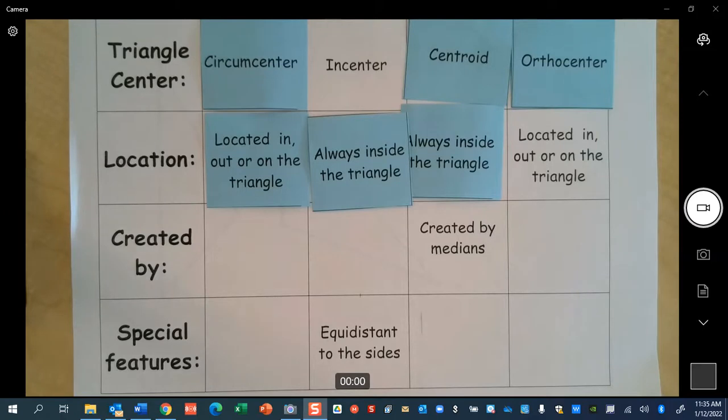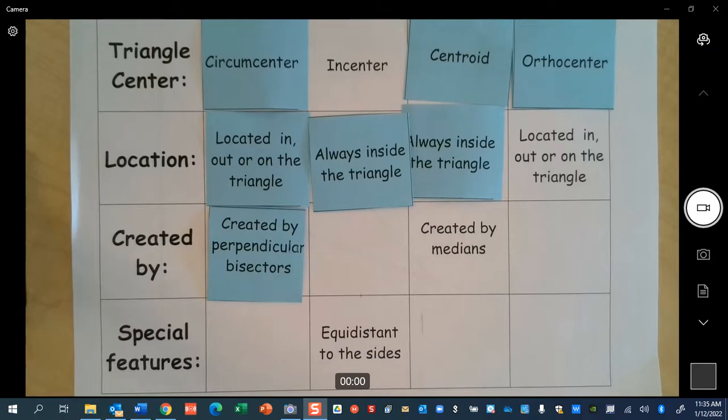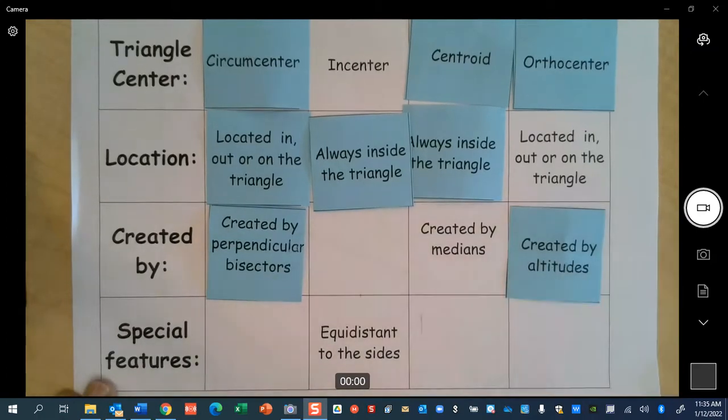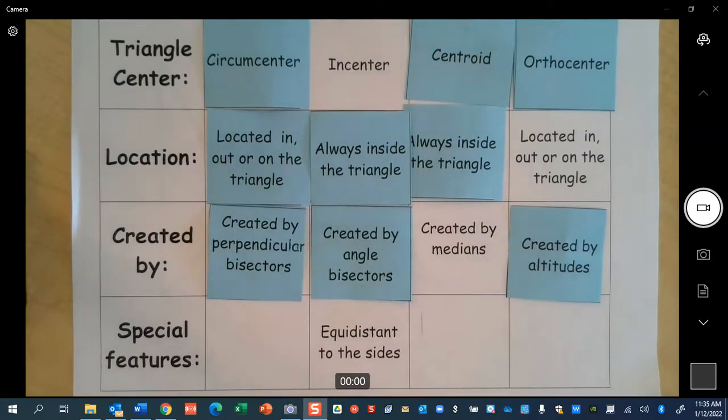Matching up which ones are created by which makes sure that you have the right understanding of the right segment. What is an angle bisector? Hey, we're not creative when we name things in mathematics at all.